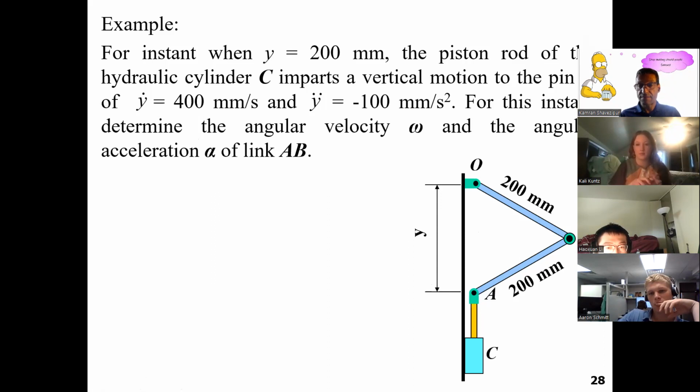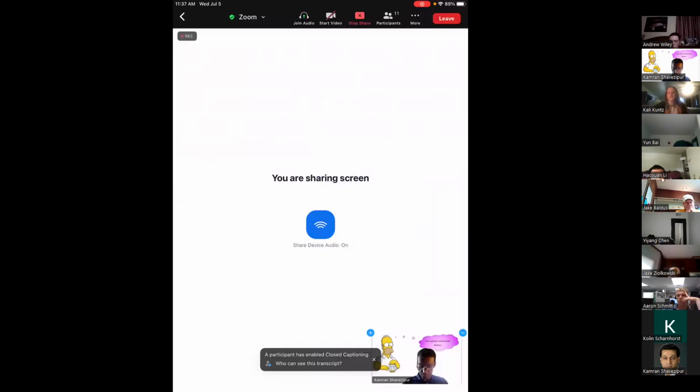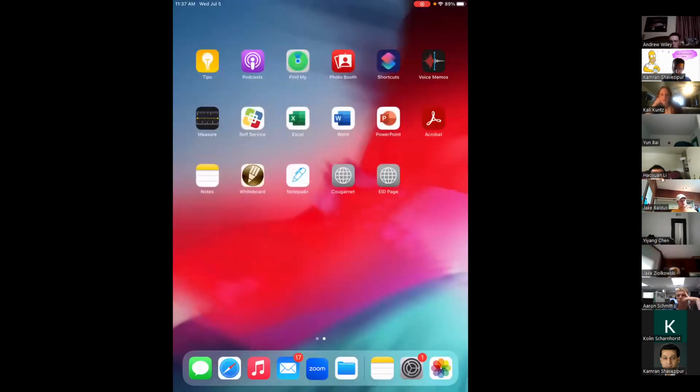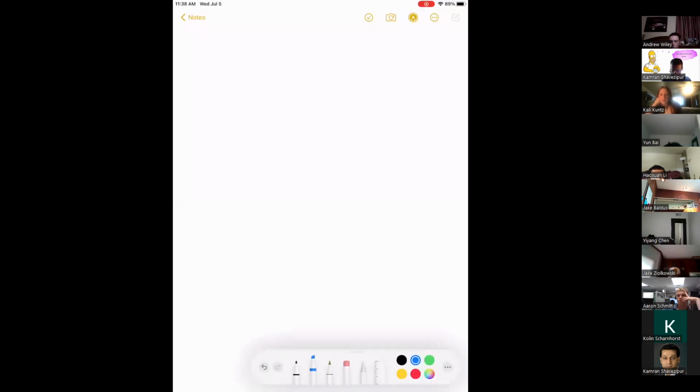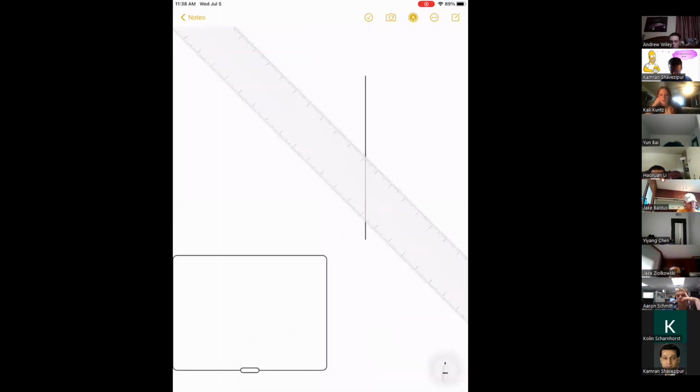And to do that, let's go to the slides, to the tablet. So this is the point where A and B, A moves on, right?